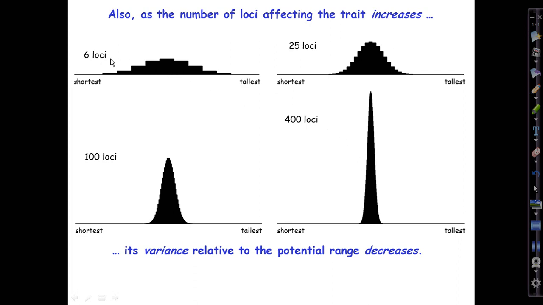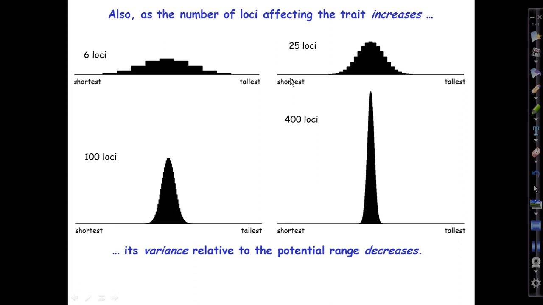Right, in the case of 6 loci, you can, with intermediate allele frequencies like 0.5 at all 6 loci, get a very few of the shortest possible and a very few of the tallest possible genotypes in your population. But with 25 loci, 4 times more, say, that's becoming extremely unlikely.